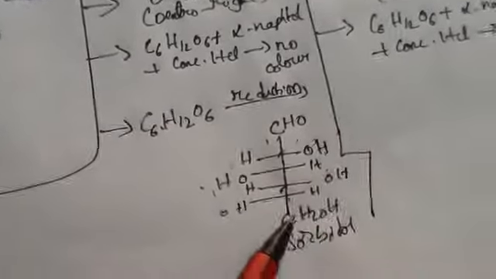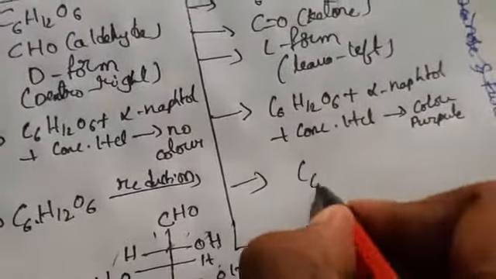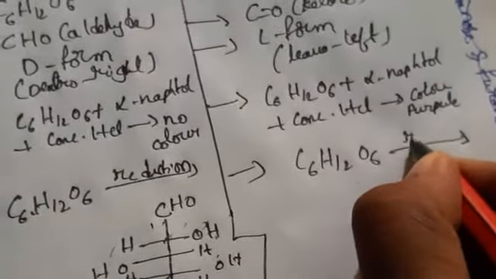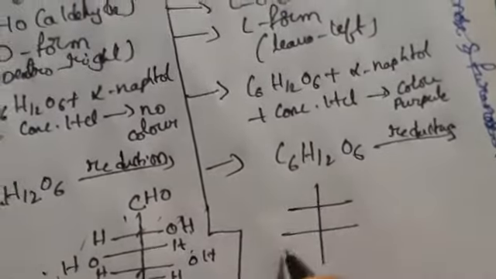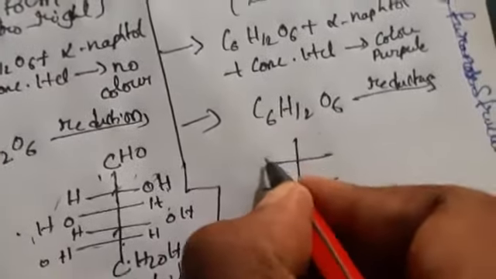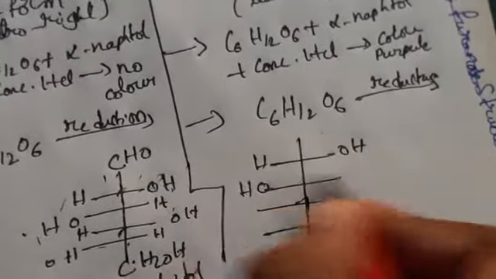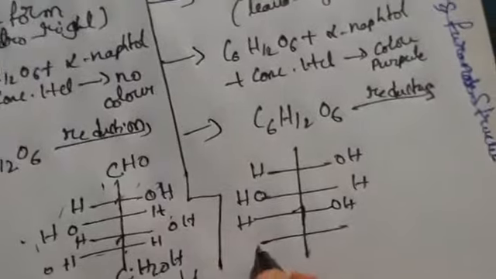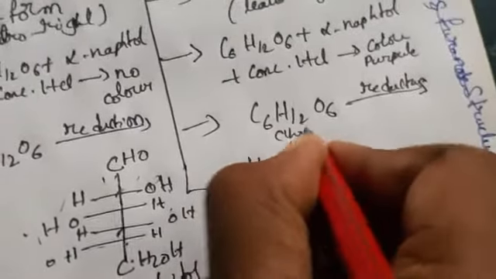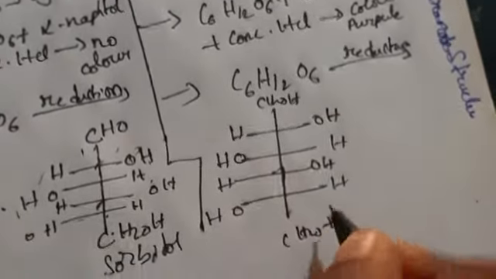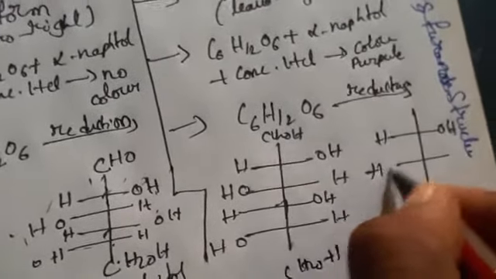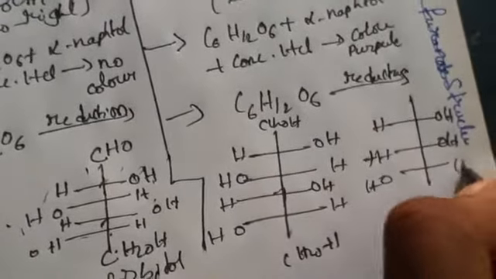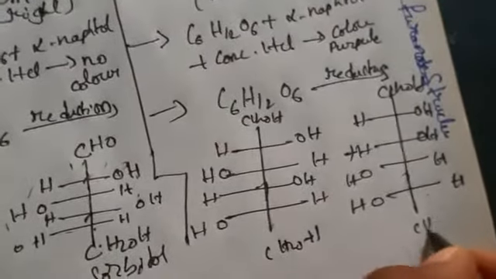When we do glucose reduction, it forms only sorbitol. But if we do fructose reduction, it forms two types of molecules, that is sorbitol plus HOH, OHH, HOH, OHH, CH2OH, CH2OH, plus it can also form HOH, HOH, OHH, OHH, CH2OH, CH2OH.